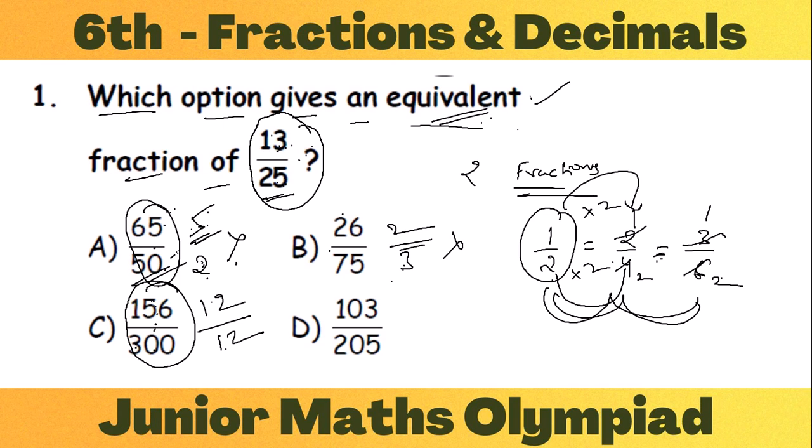So these two are said to be equivalent because they are multiplied by the same number. If we divide with 12, then 12 13 times 156, 12 25 times 300, we will get 13 by 25. Value will be same to the given fraction. So option C is correct.